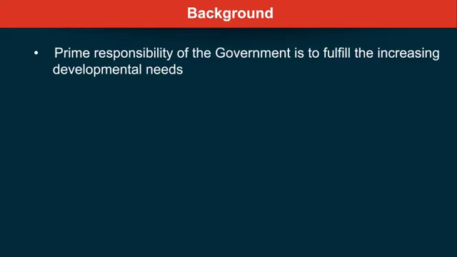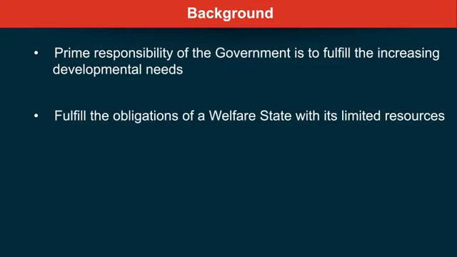Now, these facilities can be made available to public at a cost, and this cost is required to be compensated by the revenue collections from the government. So what government does is the government collects revenue in the form of taxes and the same amount is utilized for fulfilling the obligations which are required for the developmental needs.